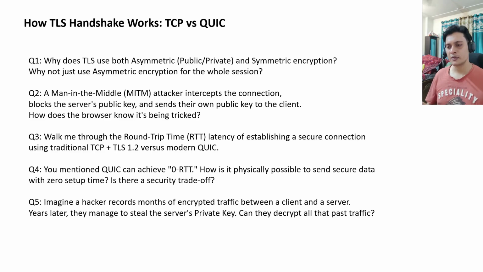Let's use 3, 4, 5 for the next part, because these are all connected to each other. Let me know if there's any issue in understanding this concept. I tried my best, but I think there are still some things which are not clear.